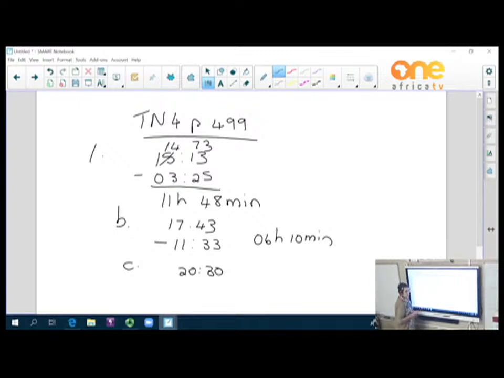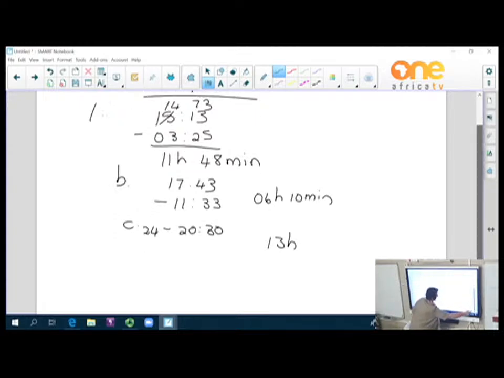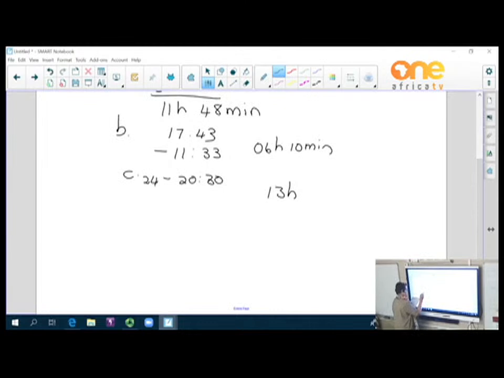So we need to know that at 24 hours it's midnight. So actually it will be 24 hours minus that 20:30, and then you will add the 9 hours and 30 minutes of the next day, and that gives you 13 hours, because at midnight this day is over.